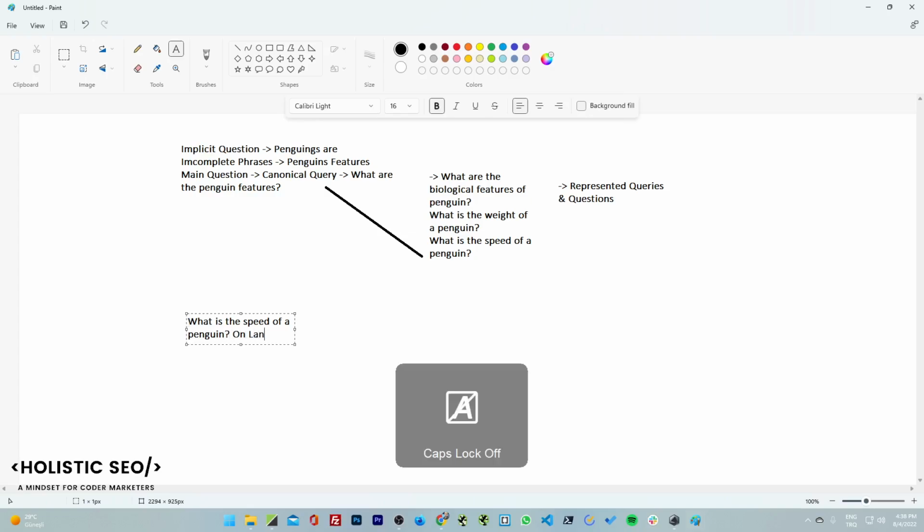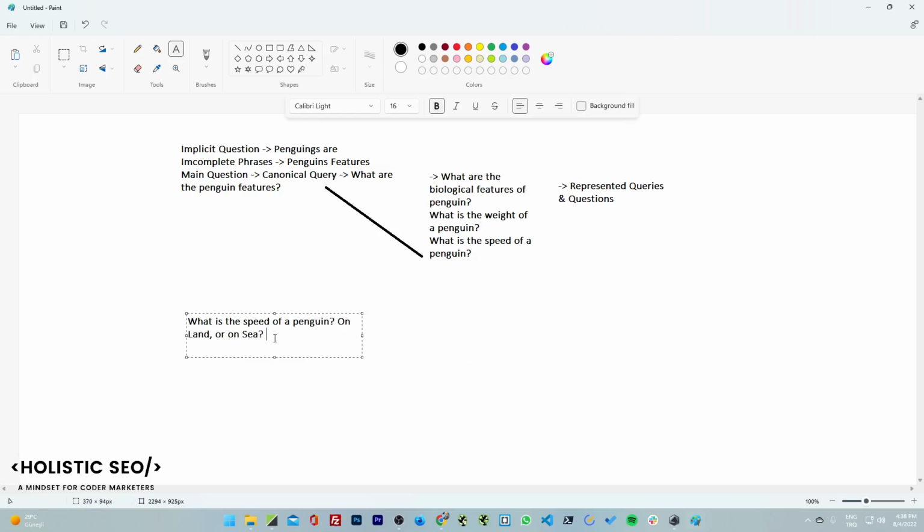On land or on sea, they don't fly, so we won't have the air. But even if you say on land or on sea, we will need to ask a question like adult penguin, or baby penguin, or male penguin, or female penguin.